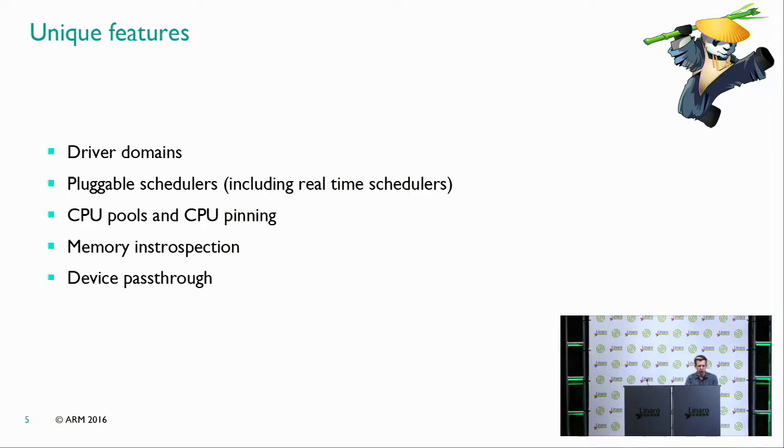One of the main features that we are using is memory introspection. The idea is to be able to watch what the guest is doing. For instance, if you have an antivirus and an operating system in a guest, the guest may be compromised by malware, and your antivirus may not work anymore.